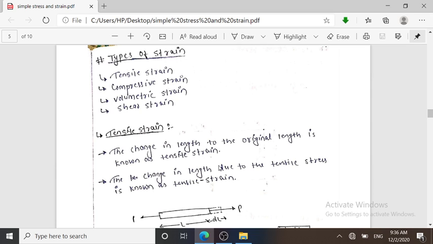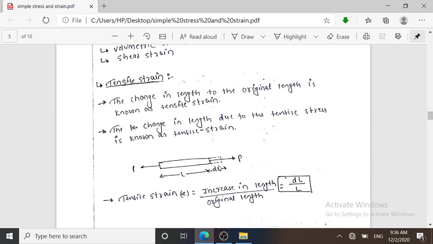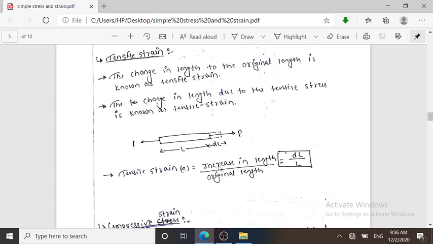वहाँ पे जब हम लोग कोई भी बॉडी को फोर्स लगाएंगे तो वहाँ पे चेंज इन लेंथ होगा. दैट चेंज इन लेंथ इज ड्यू टू द टेंजाइल स्ट्रेस. So tensile strain is denoted by a small e, equal to the increase in length, that is del L, how much length is deformed or increased under the action of tensile stress.